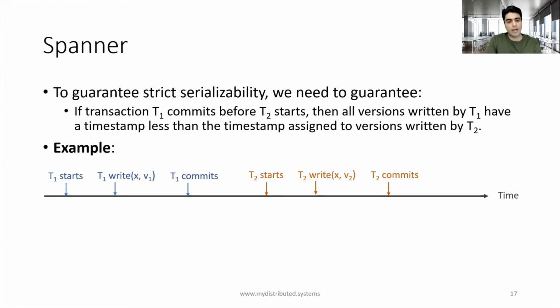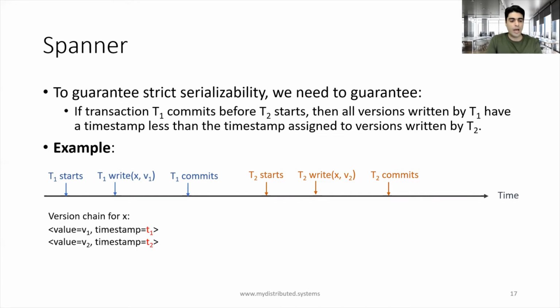So here we have 2 transactions, T1 and T2. Transaction T1 writes value V1 for item X, and transaction T2 writes value V2 for the same item. And transaction T2 starts after transaction T1 commits.